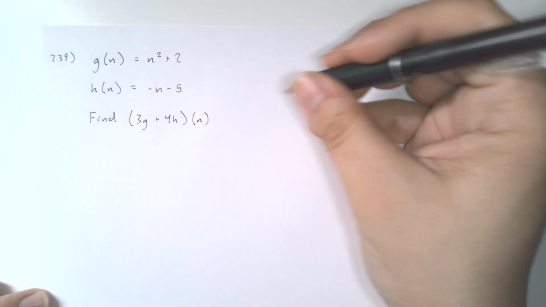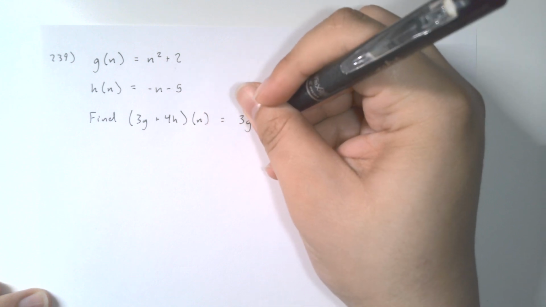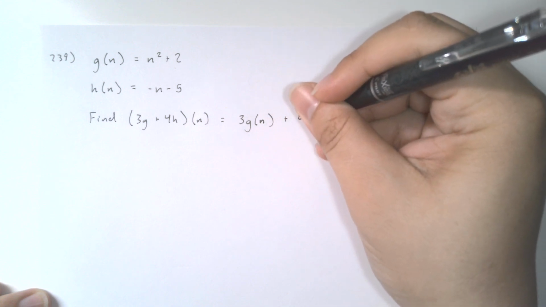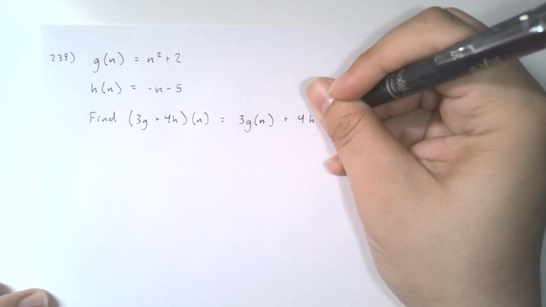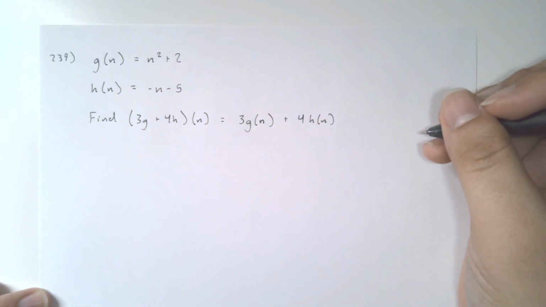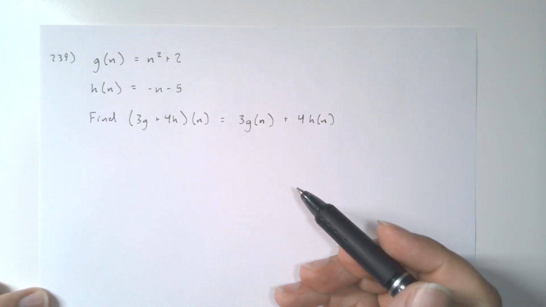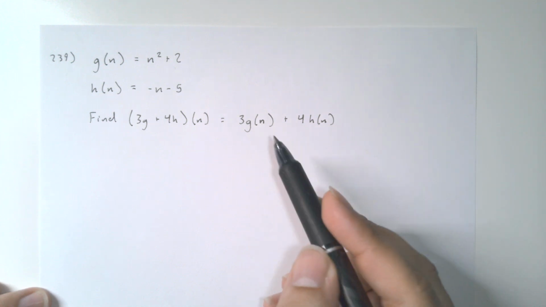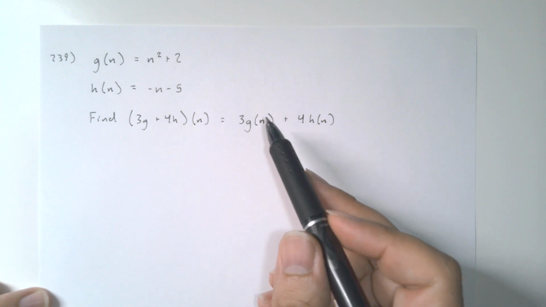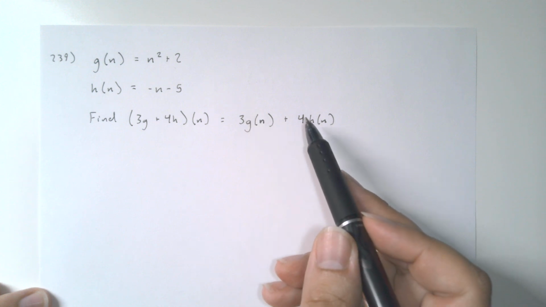So what this means is that we're going to take 3 times g of n, and we're going to add it with 4 times h of n. And so it's not that different from the first two questions we had on this video, where we're just adding g of n and h of n, but we're also just going to multiply g of n times 3, and we're going to multiply h of n by 4.